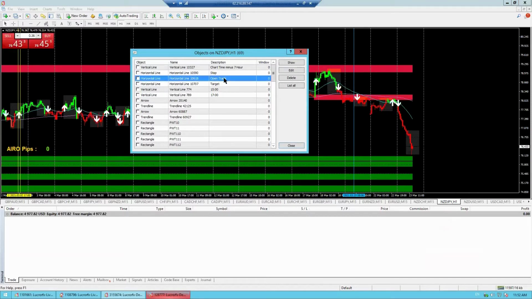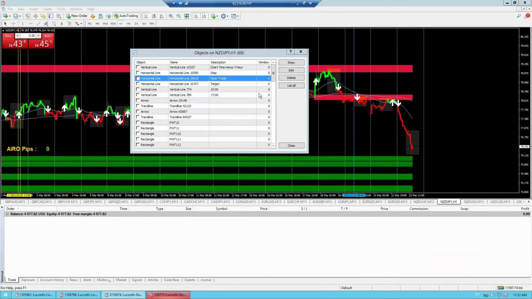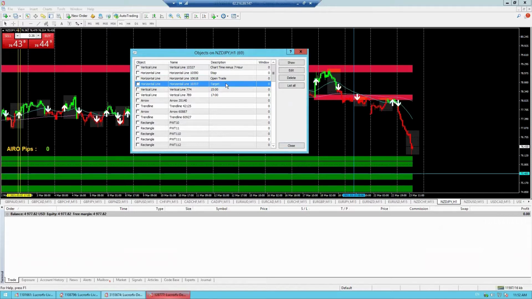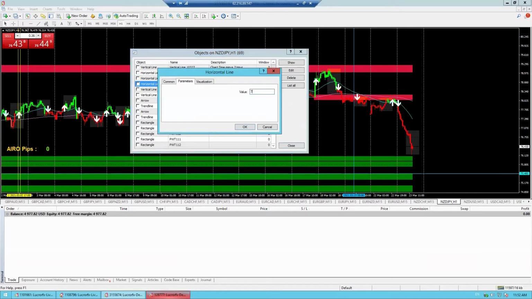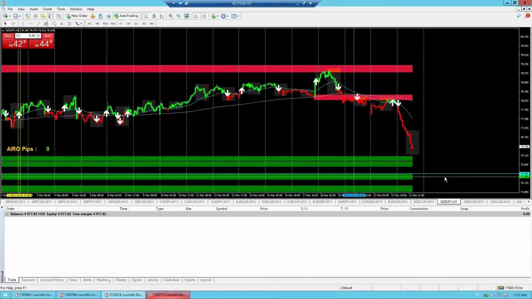Open trade. And we're going to put this at 75.48.5, 75 point. Just mark these two, and we'll move this one back up to the top here.